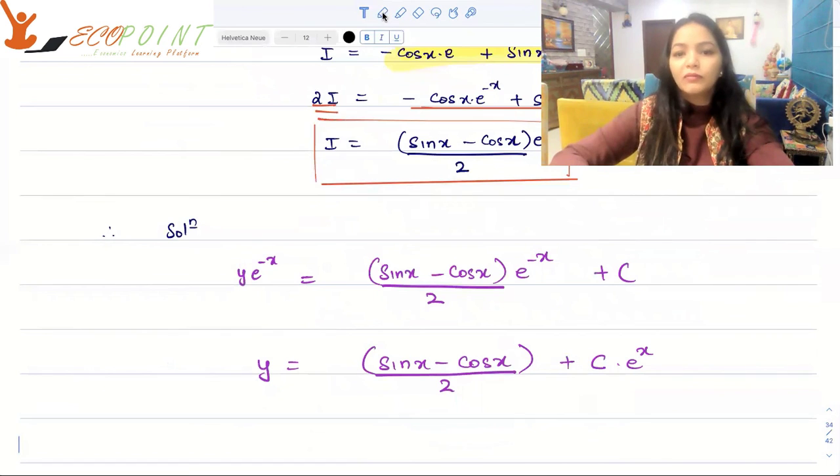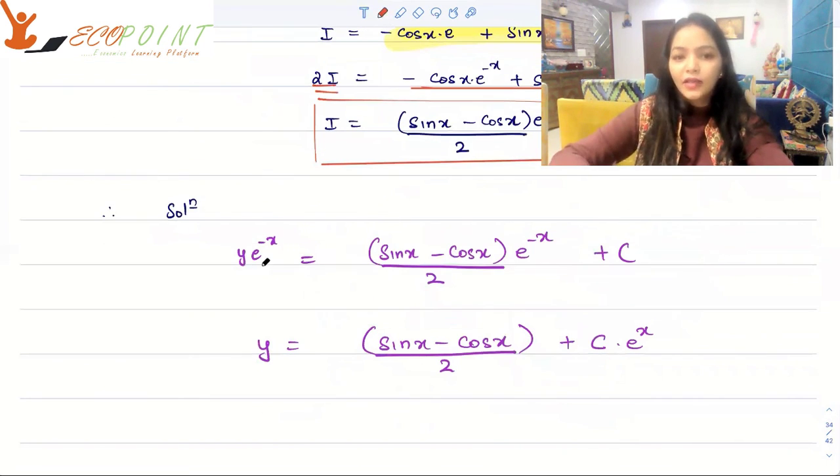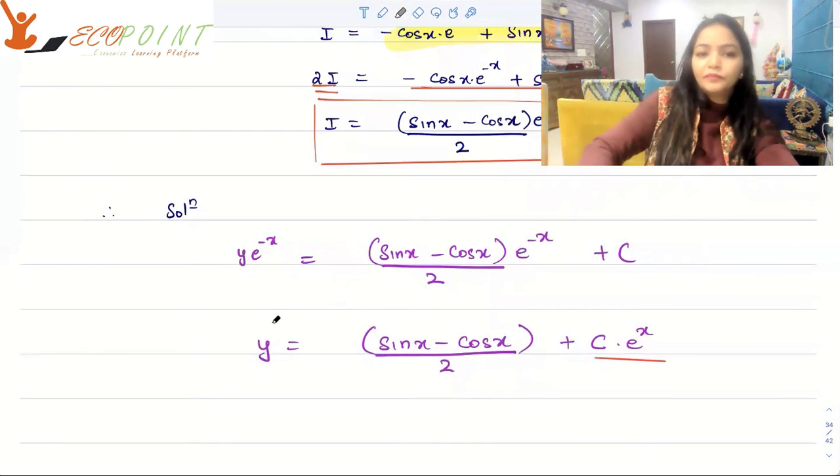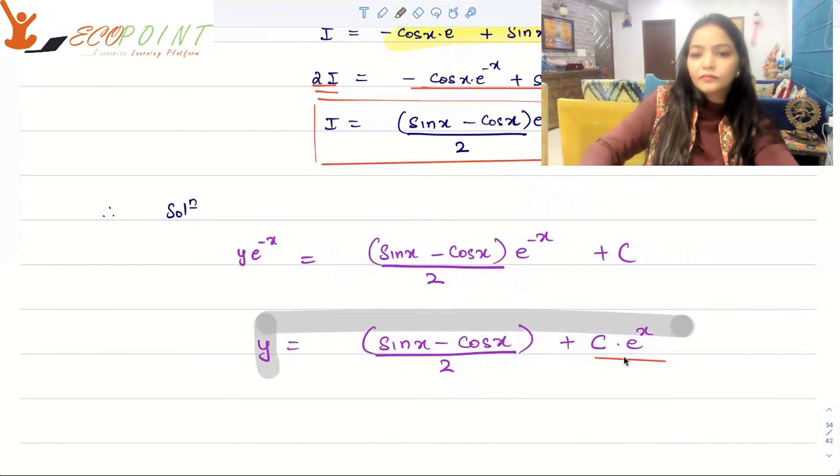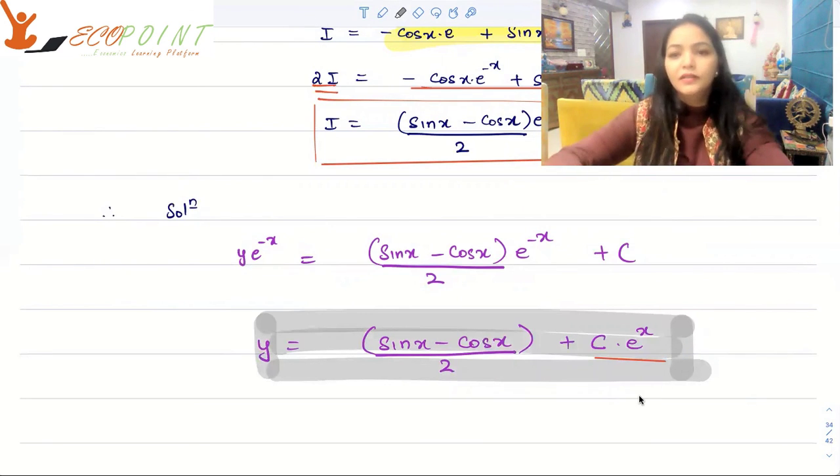E to the power minus x cancels out here, and with c you will have e to the power x. So this will be your final solution.